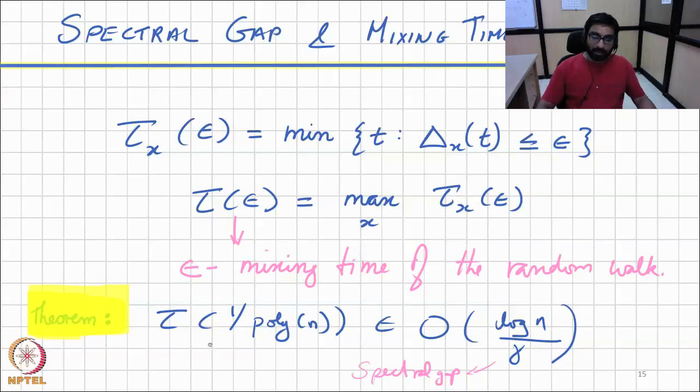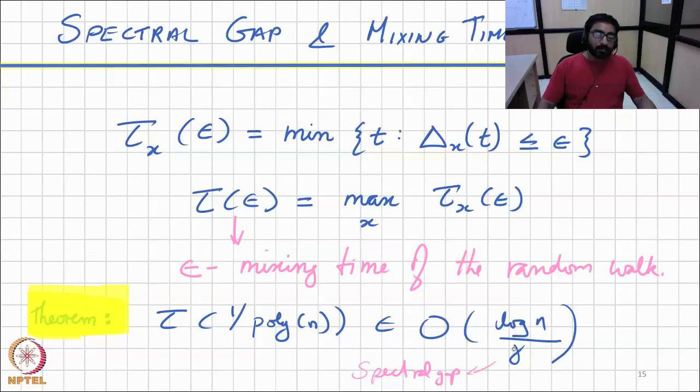Now, in this case, we have specified that epsilon to be polynomially small, so we're able to get to a distribution that's very close to the stationary distribution within O of log n over gamma. And this is the spectral gap.